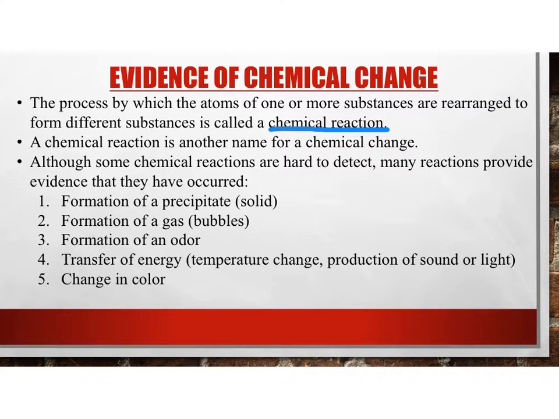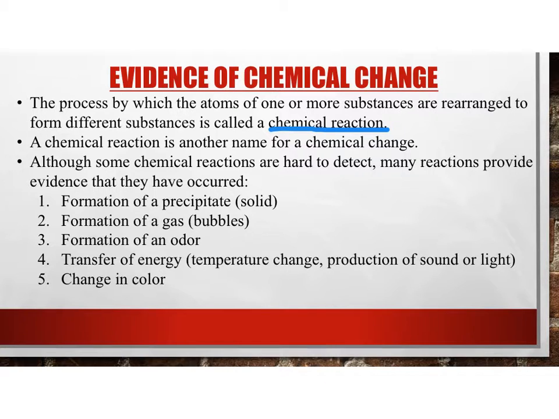Although some chemical reactions are hard to detect, many reactions provide evidence that they've occurred. We might see the formation of a precipitate. We might see the production of bubbles, which indicates the formation of a gas. We might smell either an odor change or the formation of an odor.